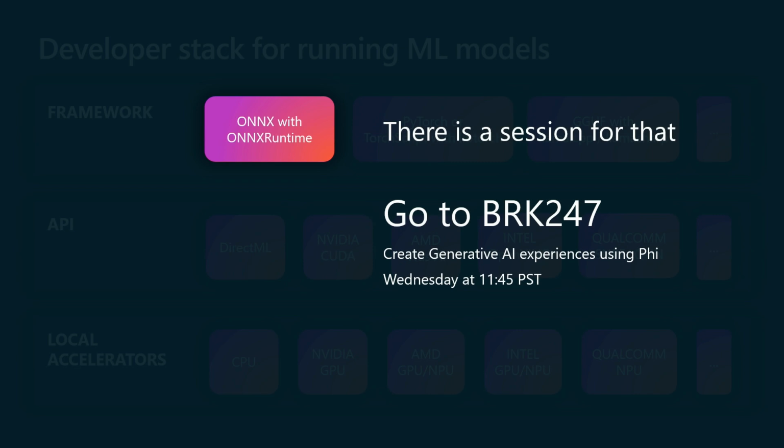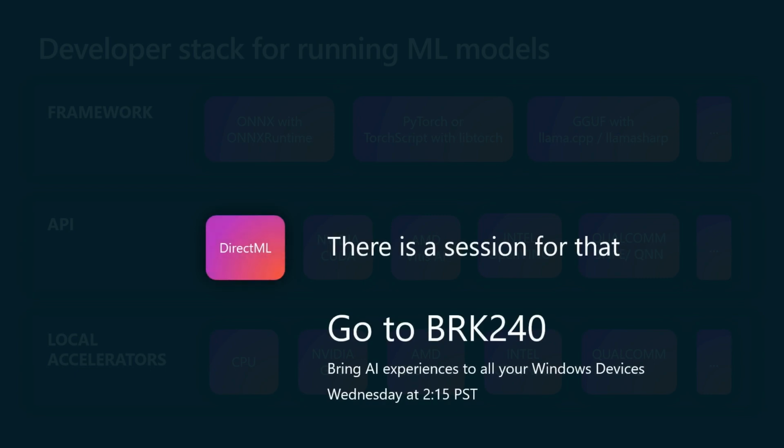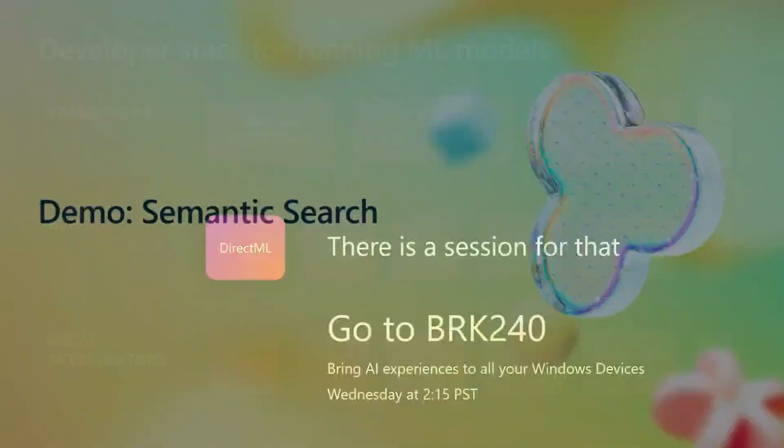For ONNX, tomorrow at 11:45, is it? Yep. And for DirectML it's tomorrow at 2:15. So I hope to see all of you there. We have attendance, so we know who goes. These sessions will go deeply into this area, and will tell you exactly how to convert the model, how to optimize the model, and what optimization is.